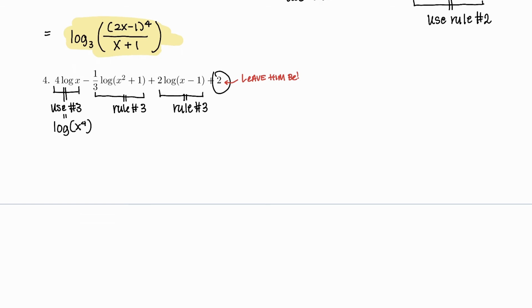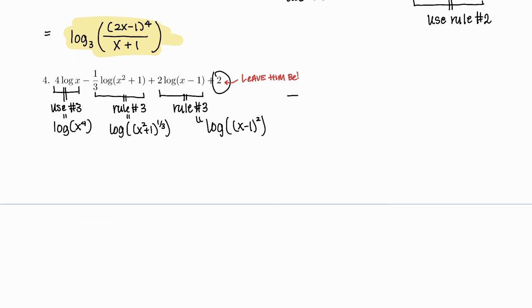So if I use rule 3 on the second one, I'm going to get log base 10 of x squared plus 1 to the 1/3. And then for the last one, I'll get log of x minus 1 squared.